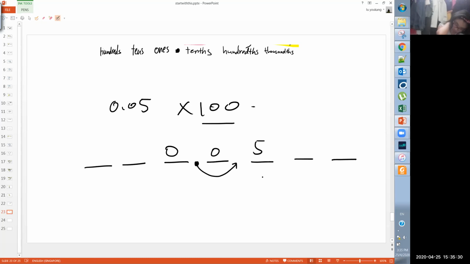So 1, 2. So my decimal point will be here, right? So my answer is 5 dot. Right? Can you see? 5 dot, right? Okay.